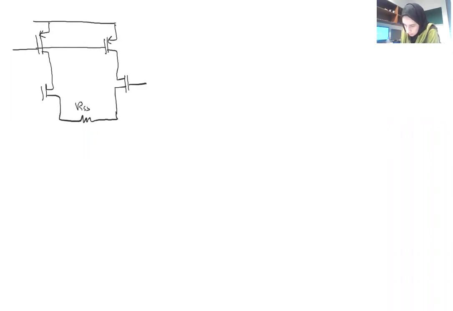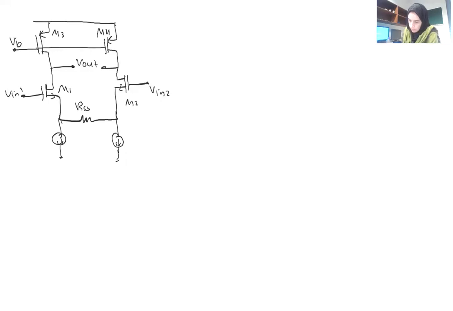RSS. And we have here a current source and another ideal current source, 2 and 1. V out, and 4 and 3, and this is VB. Okay, so let's think for a second about this one too. We will draw the line of symmetry, and this point in the middle will have a virtual ground.